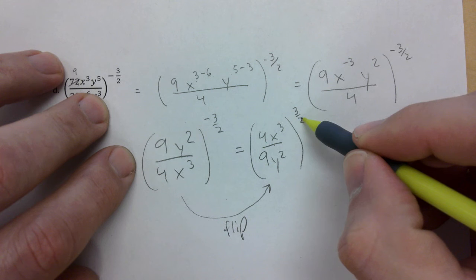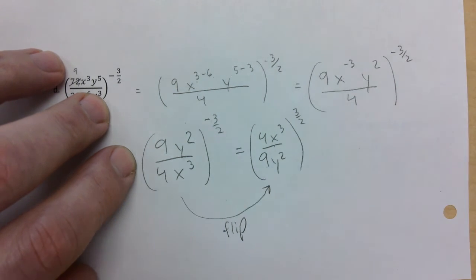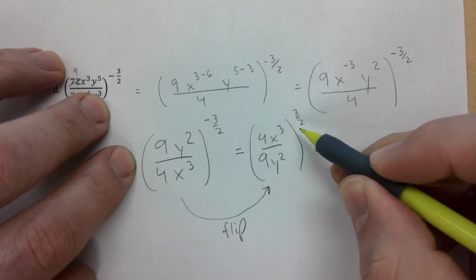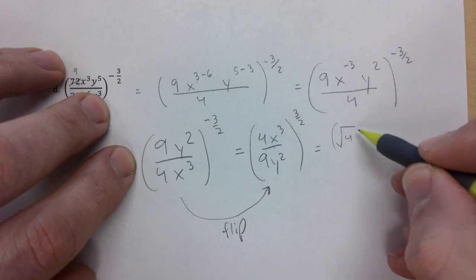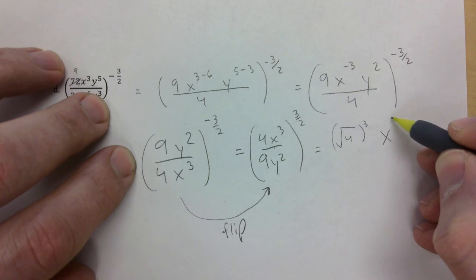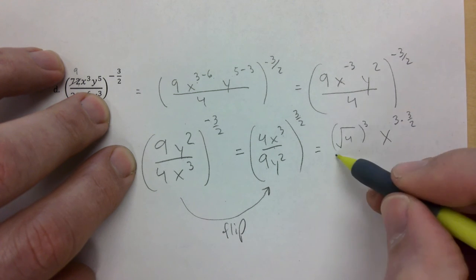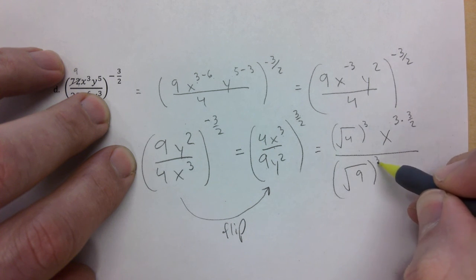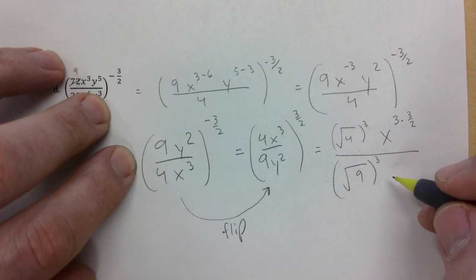Now you're going to apply this to the numbers. So we're going to actually figure out what the value is, but the exponents we're going to multiply. We know that we can take the square root of 4 and cube it like that. I know it's a little messy, and it's x to the 3 times 3 over 2 over square root of 9, and you cube it, right? Because 3 halves applies to that 9.